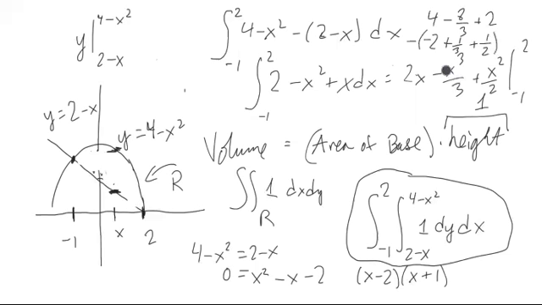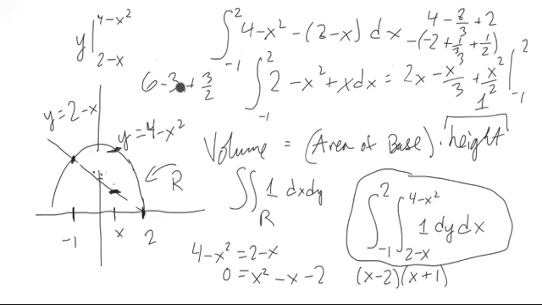Okay, so in total we end up getting, let's see, 4 and 2 is 6, and -8/3 and minus 1/3 is -3. And then we see we get 2 minus 1/2 is just 3/2.